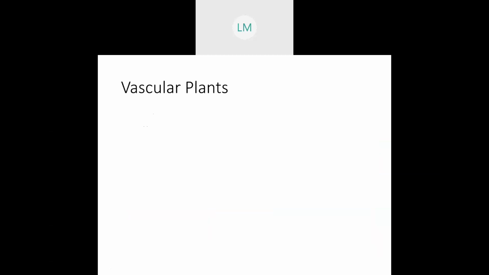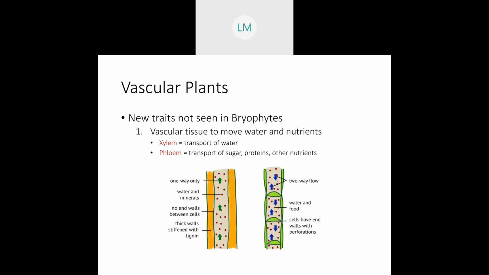So now we are moving on from our non-vascular plants, and we're going to be focusing on our vascular plants. These are plants that have this vascular tissue. So when we see this split, we're going to get some new traits that weren't seen in bryophytes, but now we have in our land plants. The first is this vascular tissue.